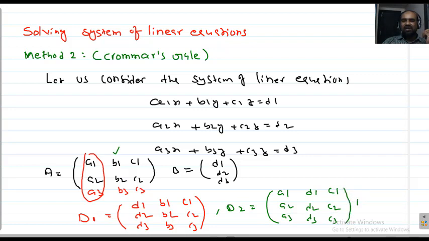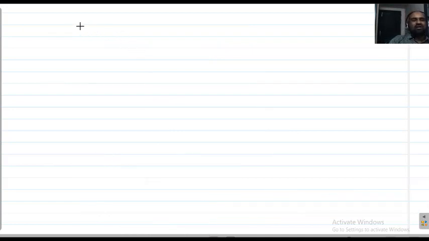Similarly, you can create the D3 matrix. We replace the last column by the constant matrix: a1, a2, a3, b1, b2, b3, d1, d2, d3. After creating these three matrices, we have the procedure to solve the equations.